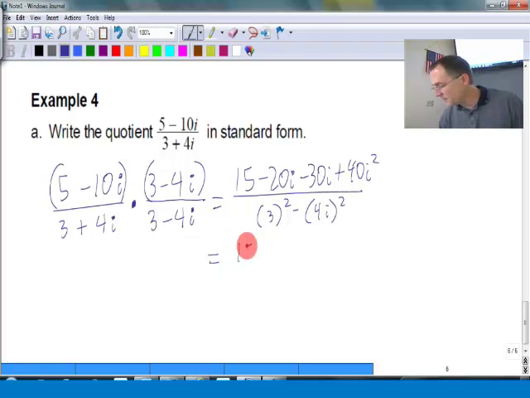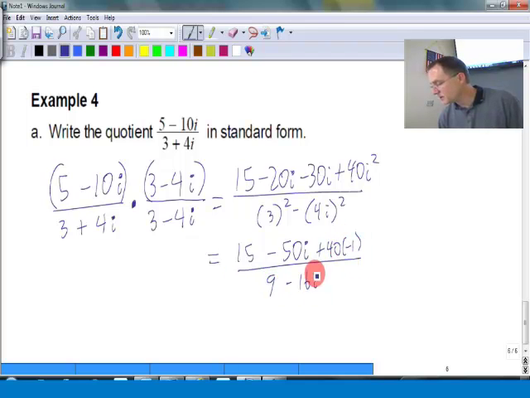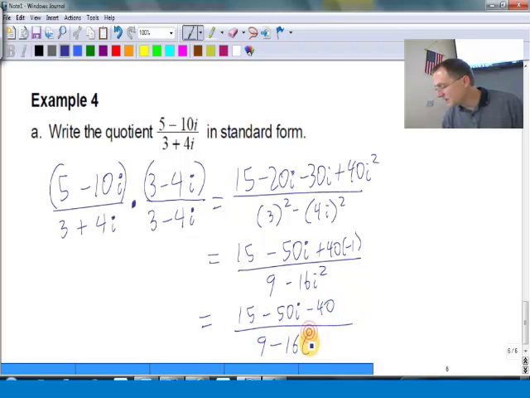In the numerator, we have 15 minus 50i plus 40 times negative 1. In the denominator, it's 9 minus 16i squared. In the numerator, it's 15 minus 50i minus 40. In the denominator, it's 9 minus 16 times negative 1.